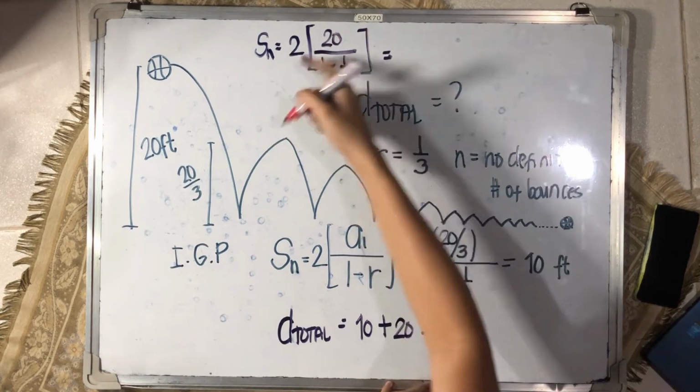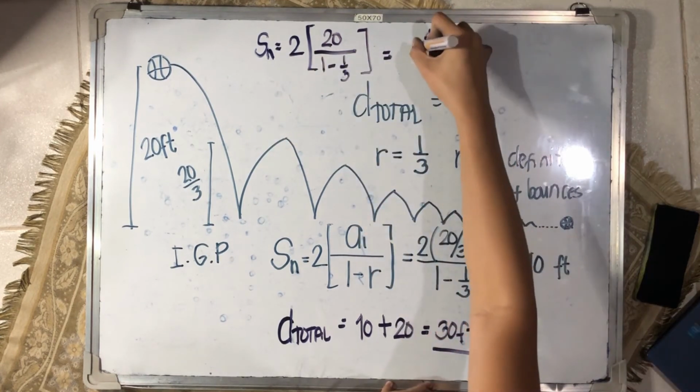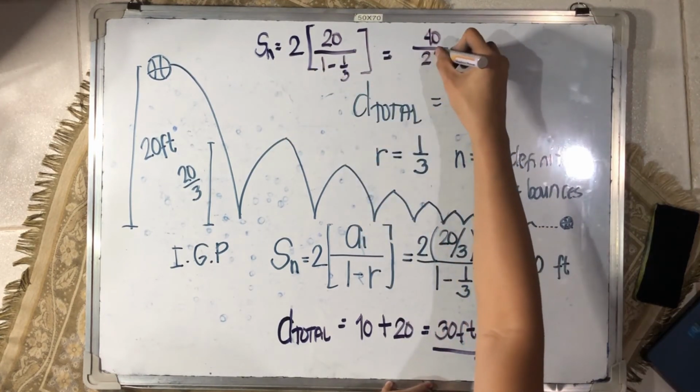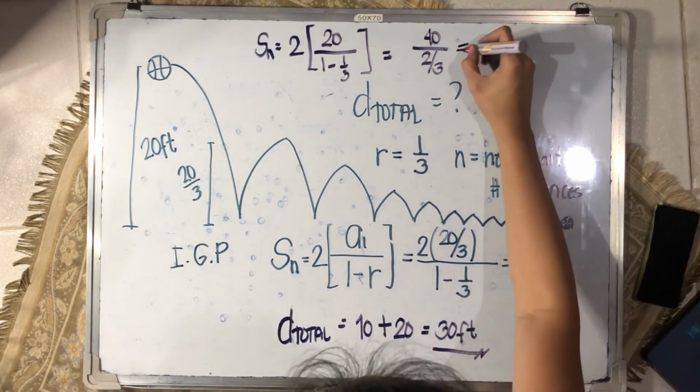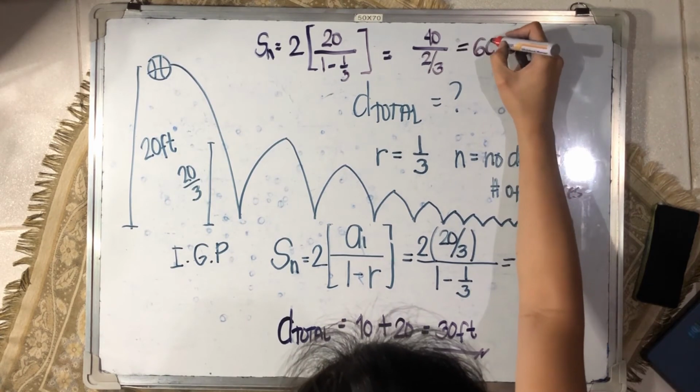So that would be 40 on top over 1 minus 1/3, which is 2/3. Dividing that would give us 40 divided by 2/3, which is 60.